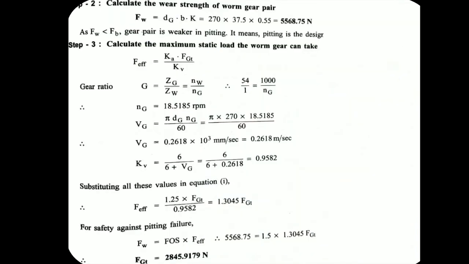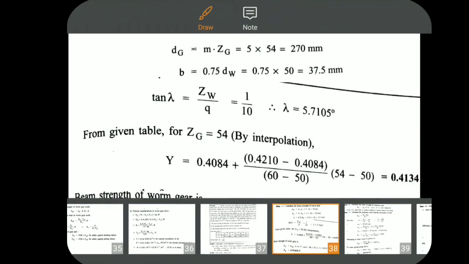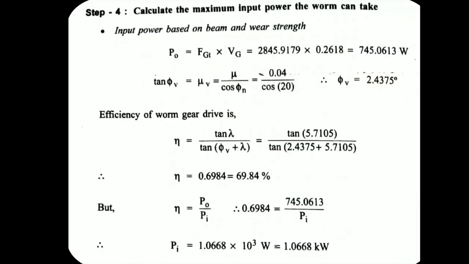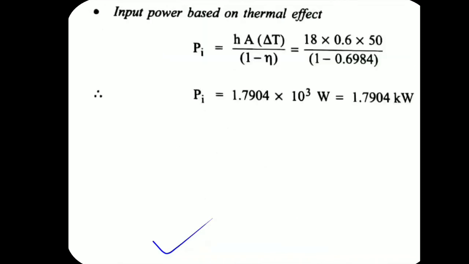Now in addition, some more data they have given. See, the heat transfer coefficient and lubricating temperature are also given. It means that as per the given data, we need to calculate this also. This is from the efficiency point of view. So they have asked, that's why we write input power on the basis of thermal effect, that is temperature.